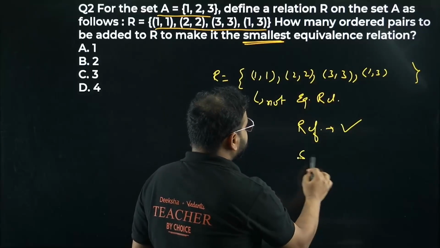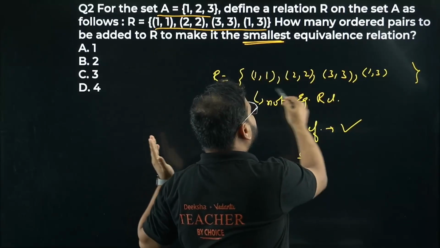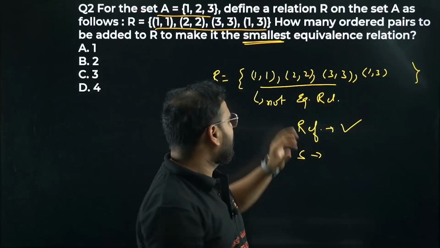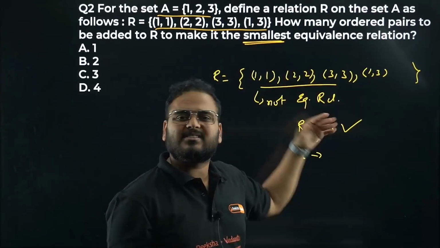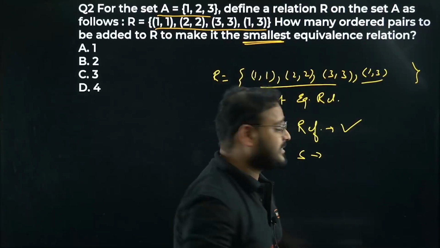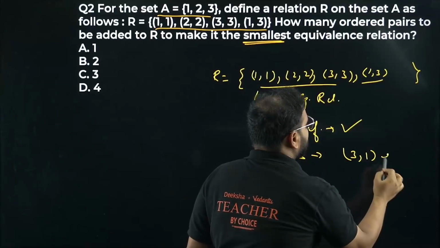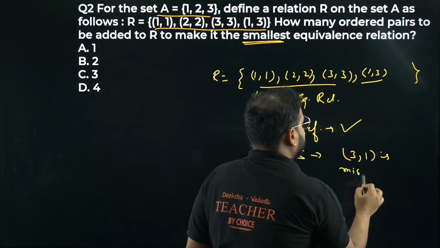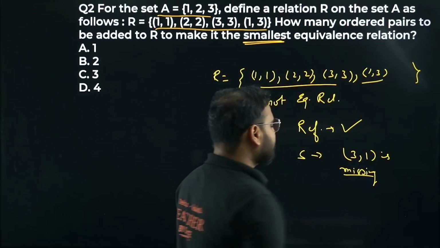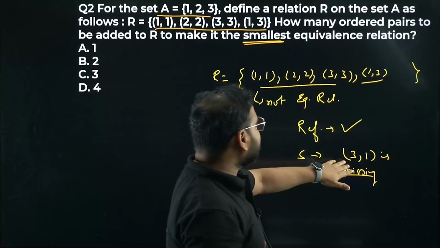Symmetric: we don't check (1,1) for symmetricity because it's present there only. What about (1,3)? It means (3,1) is missing. If I add (3,1), it'll become symmetric.